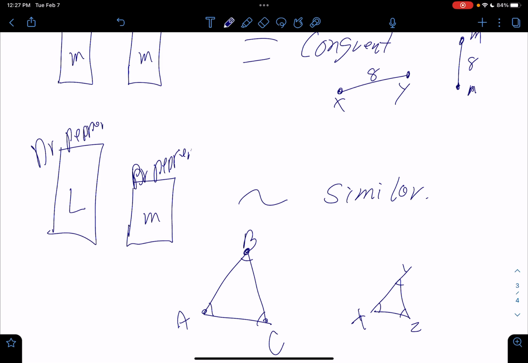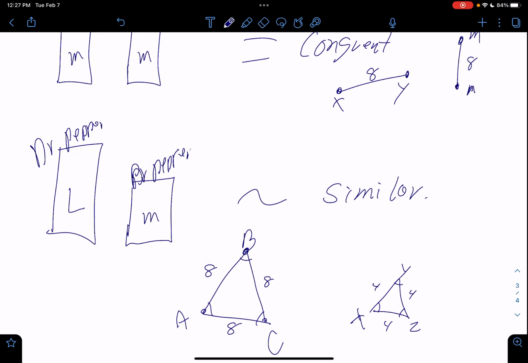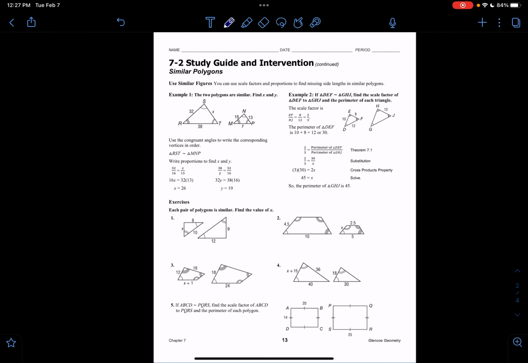And this one is 8 units on all of the sides, but the other one is only 4 units. Well, these two triangles are similar. They have the same shape, but they are not the same size.